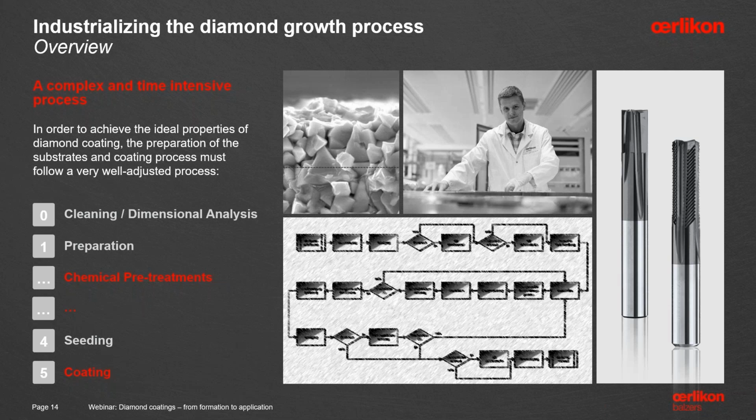But the big step, and probably half of the work, despite speaking about coating, is the preparation before the coating. So we have a series of pre-treatment to prepare for this chemical reaction to happen at the surface of the substrate, and in our case, at the surface of the cutting tool. And I will explain this part here first.